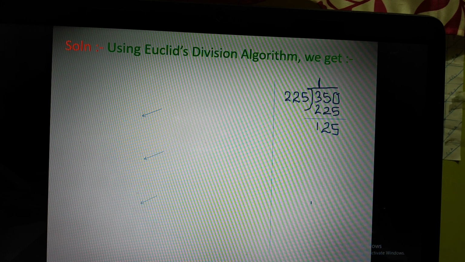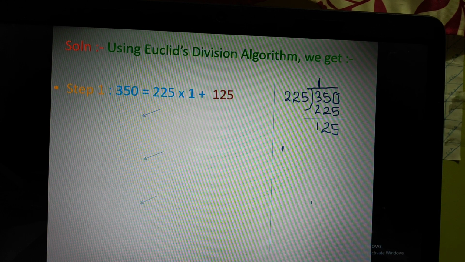Here we cannot proceed the division further because there is no more digit to take down. So in such a situation, in Euclid's division algorithm, we carry forward the previous divisor as the new dividend, and the remainder which we have got is considered as the divisor. So we have to make the relation among these four numbers. 350 can be written as 225 into 1 plus 125.